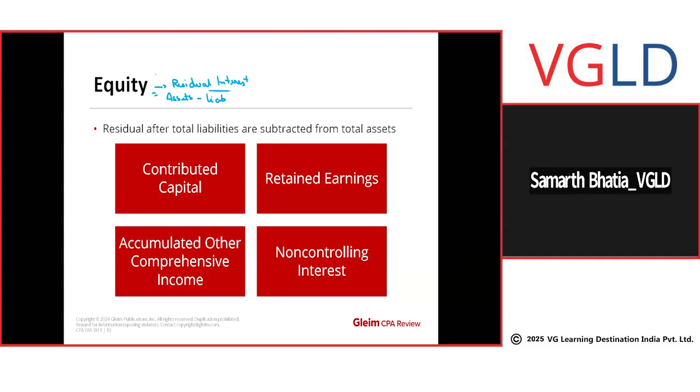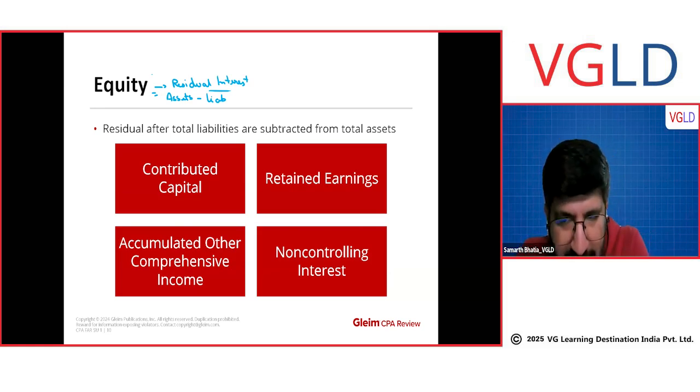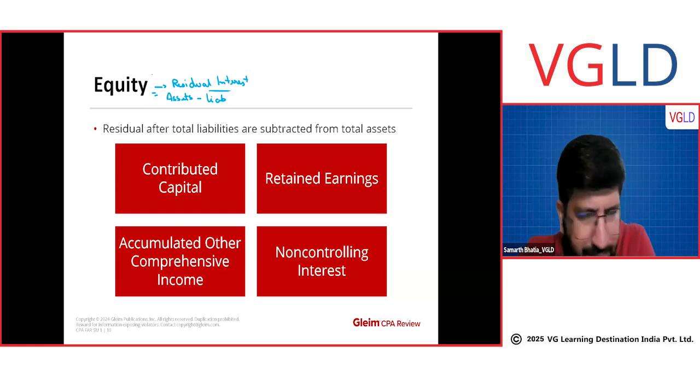So when it comes to residual, it means the remaining interest after paying off the liabilities from the assets. Whatever is remaining is for the equity. And equity has four elements. So what are the four elements? First element is contributed capital.